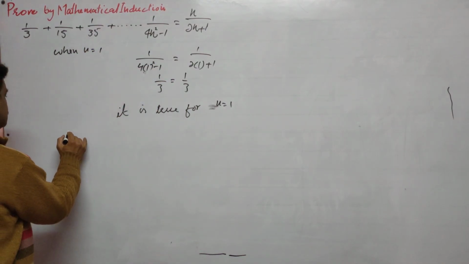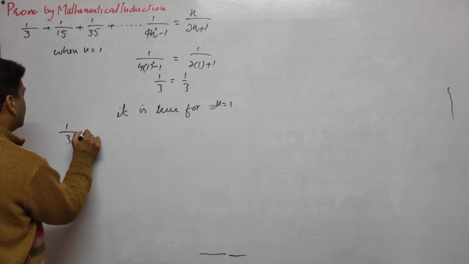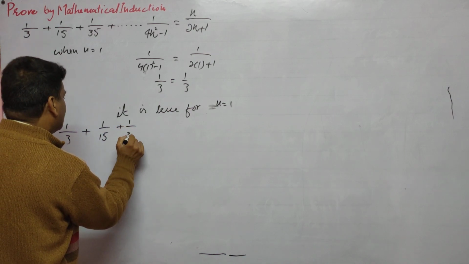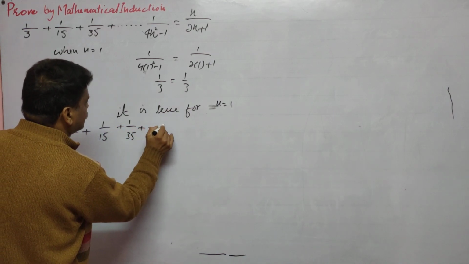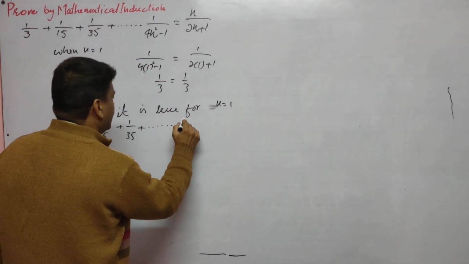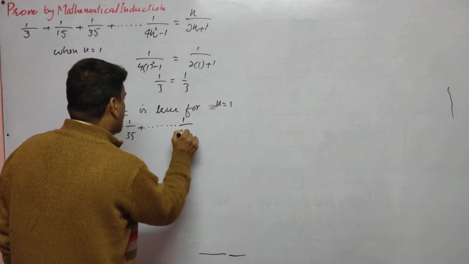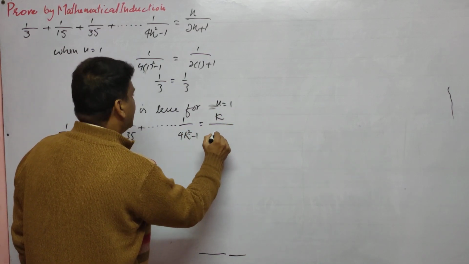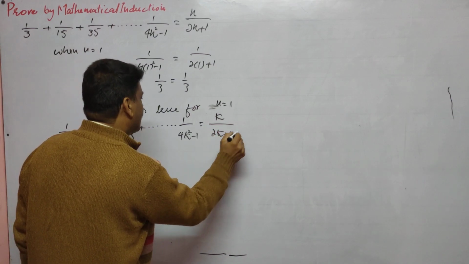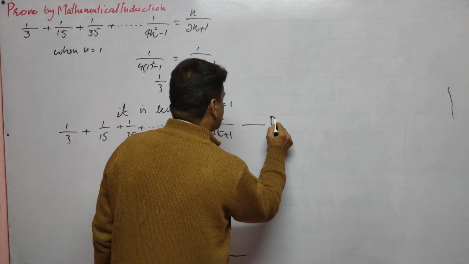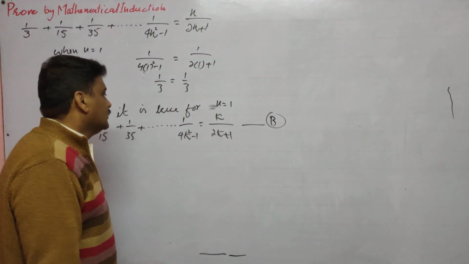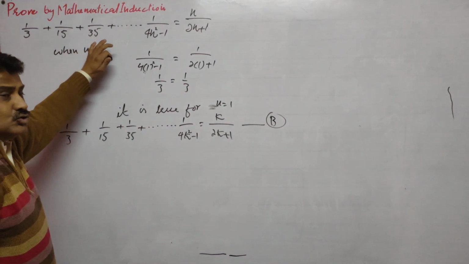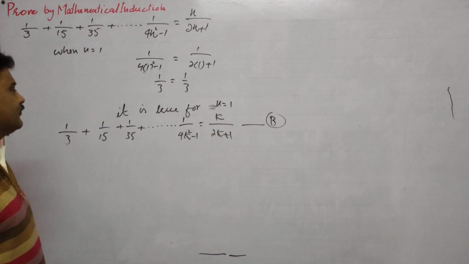We get 1/3 + 1/15 + 1/35 and so on up to 1/(4k² − 1) = k/(2k + 1), and we call it statement B.